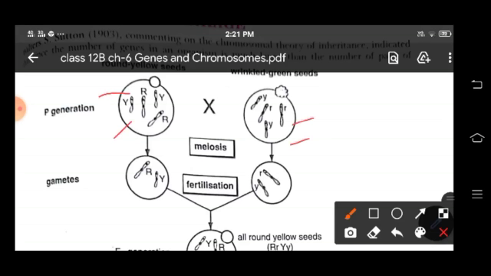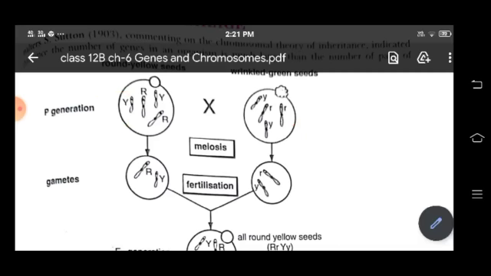The two duplicated and paired homologous chromosomes assemble at the metaphase stage of meiosis 1, and they can separate in two possible ways.